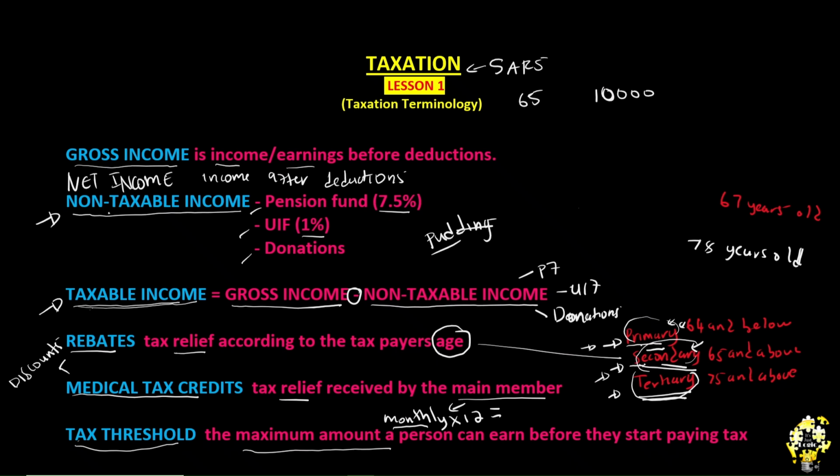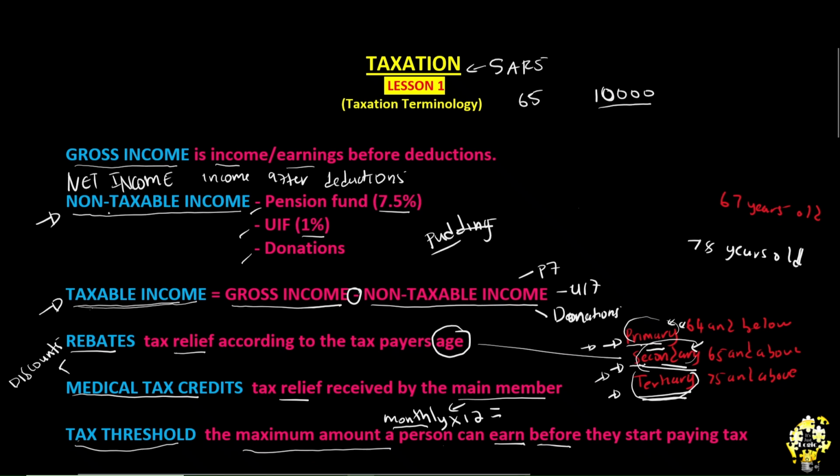What it is saying is this: for people who are 65 and below, and they are earning 10,000, they are not supposed to pay tax. Why? Because tax threshold is the maximum amount a person can earn before paying tax. So this is the maximum you can earn before you start paying tax. If you earn 10,000, you don't pay tax.